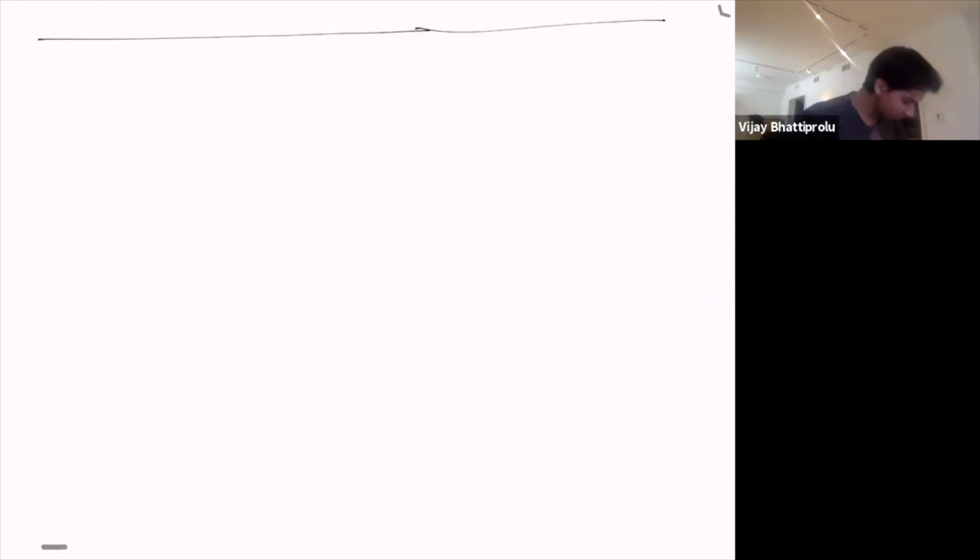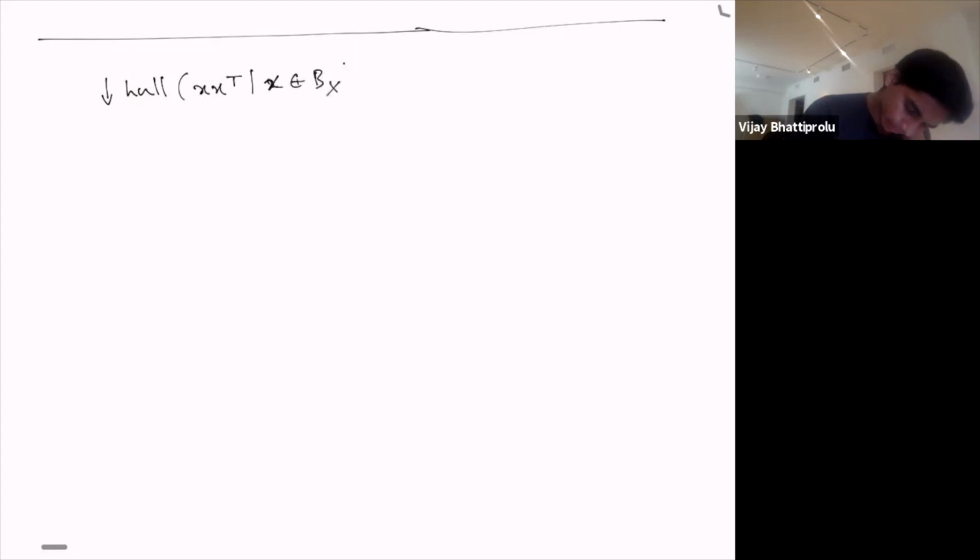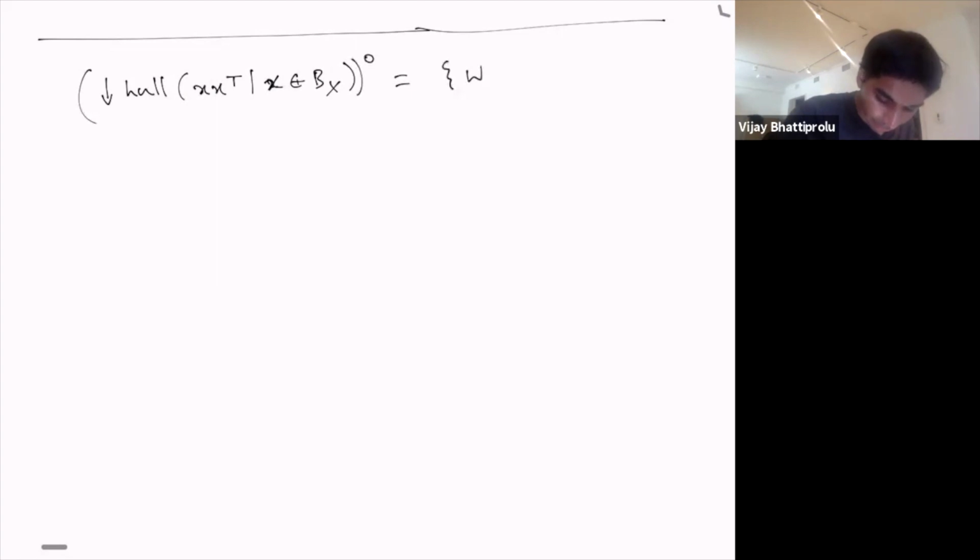Okay. So equipped with that, let's make an observation. The observation is that the downward closure of the hull of XX transpose, such that X belongs to BX, is the polar of the set of PSD matrices that have bounded optimum.